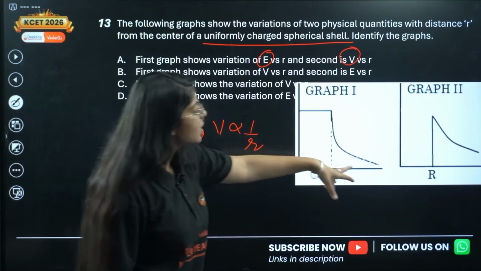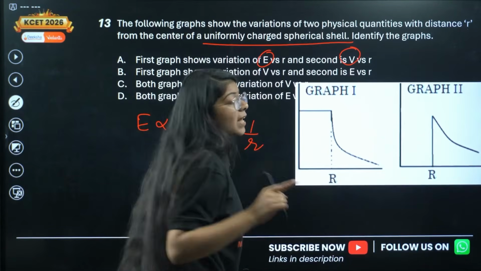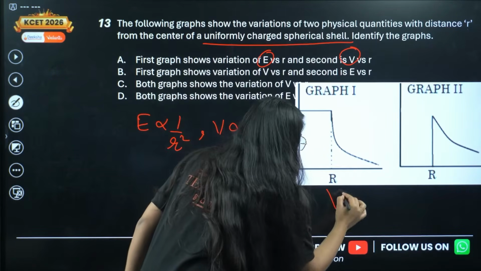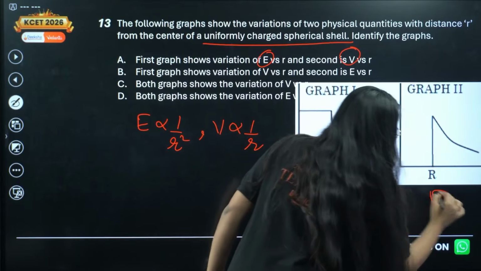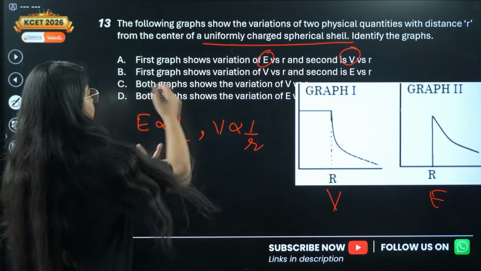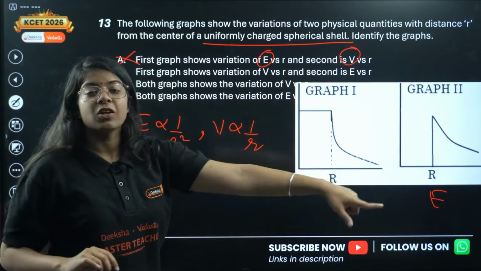Now, inside we know electric field is 0, but potential is not 0. So, this will be potential, this will be E. First graph shows variation of E, second is V, that will be wrong. First graph shows variation of V and second is variation of E.